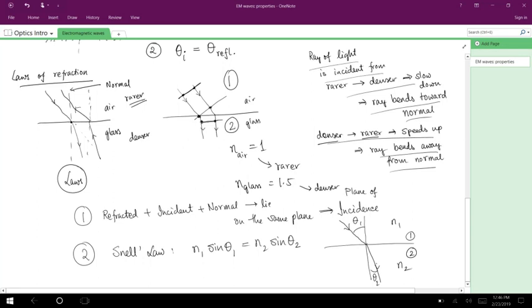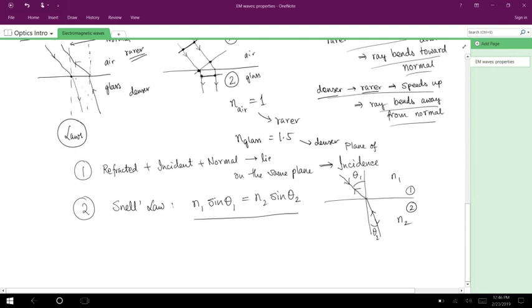Okay, and rays of light are perfectly reversible in all of these situations. So if a ray of light is incident like this, it's going to go backward in the same fashion as it came in the first place. So again, you can see that n2 sine theta 2 will be equal to n1 sine theta 1. So this law is kind of universal. Often this theta 1 in the first picture, where the ray of light is incident from medium 1 to medium 2, would often be called the angle of incidence. Okay, that's the angle of incidence.